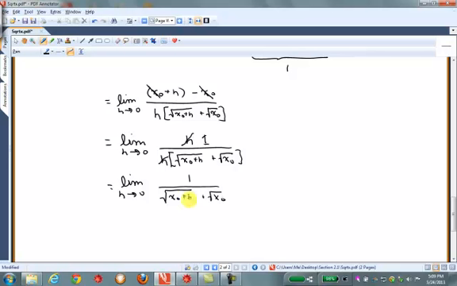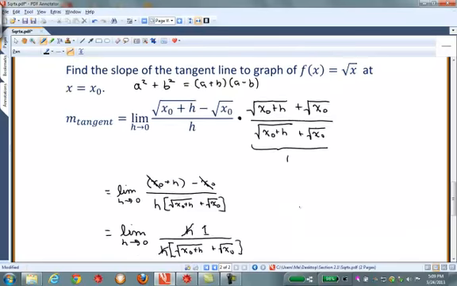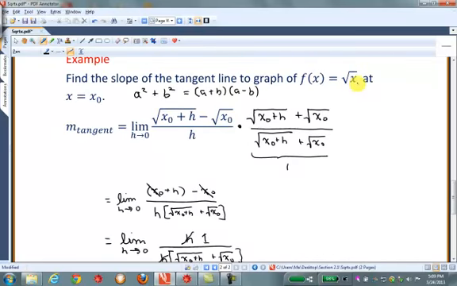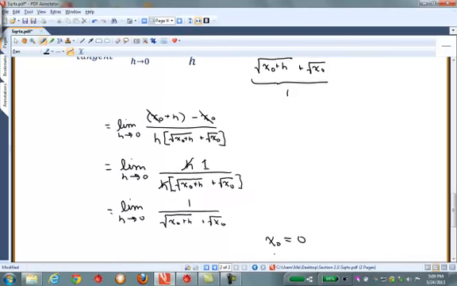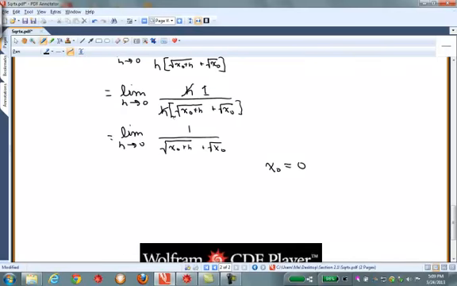Notice now as h goes to 0, provided that x0 is not 0. In the last example that couldn't happen, but in this example we could have x0 being 0. But we'll see that there's another problem in just a minute.